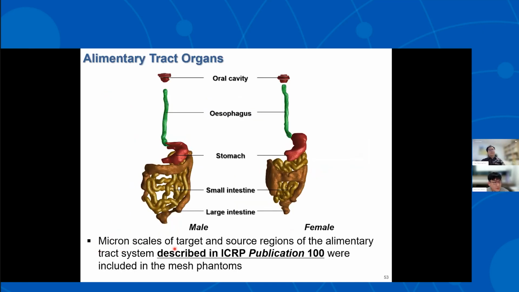And also the micron scales of the target and surface regions of the alimentary tract system described in ICRP publication 100 were also included in the mesh phantoms.